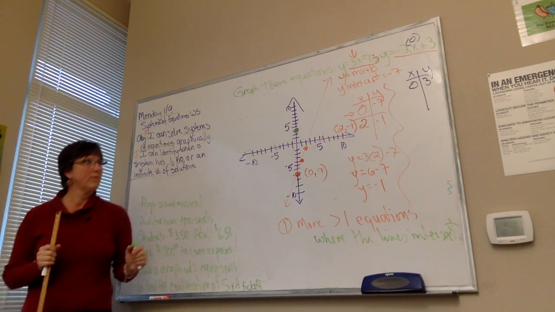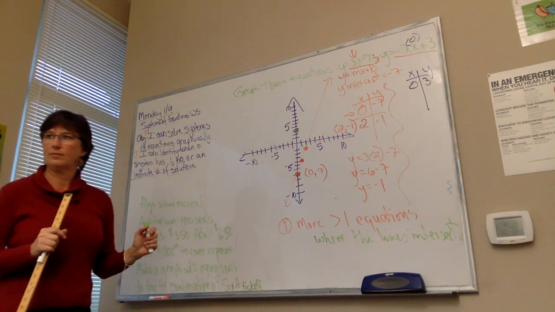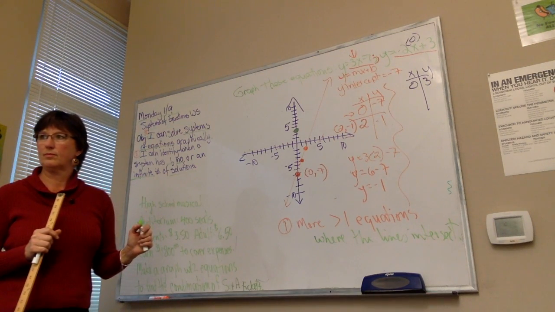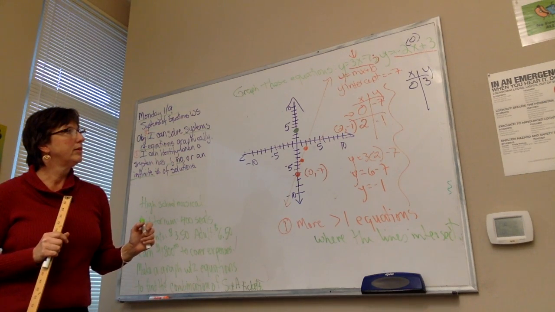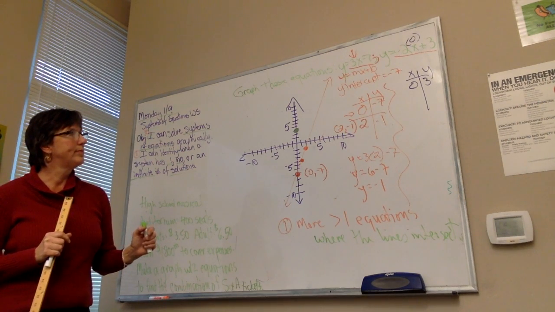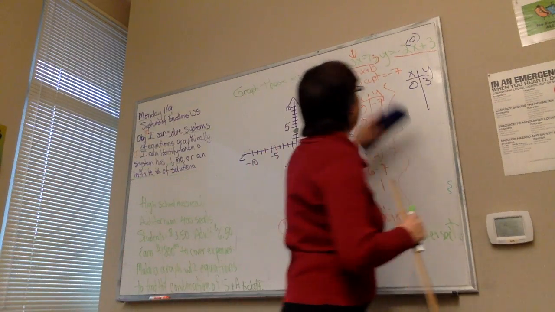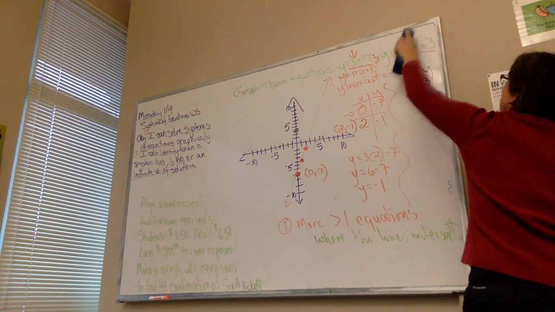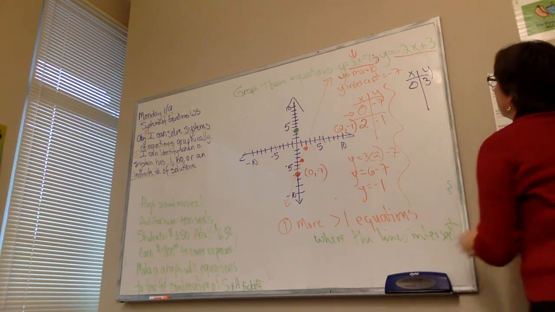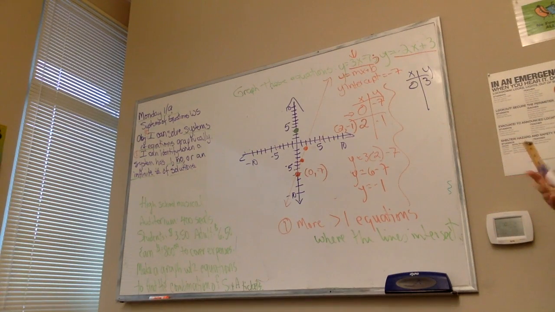Annie, what do you think? You take negative 2x, and how would you put that on the table to find the next point? Okay, so what comes after 0? 1.